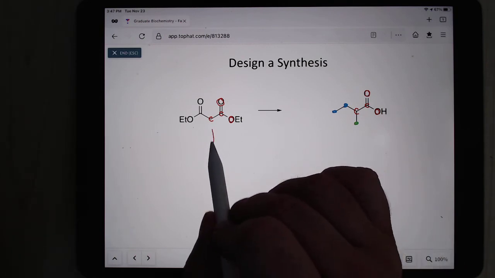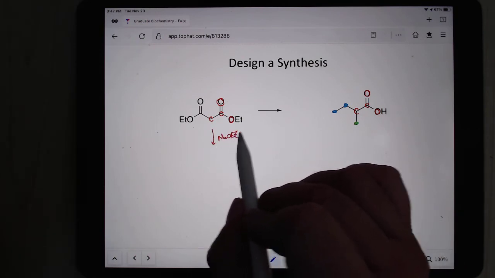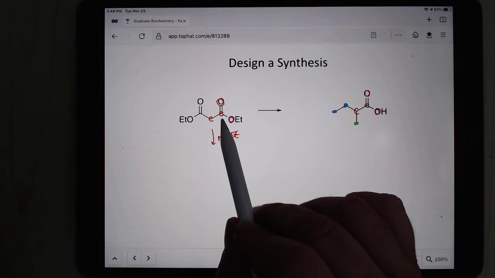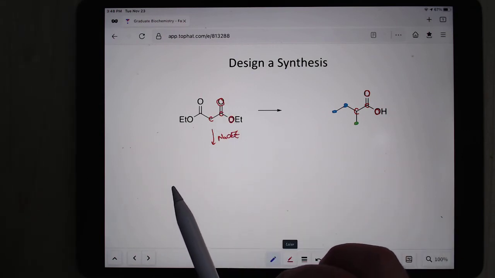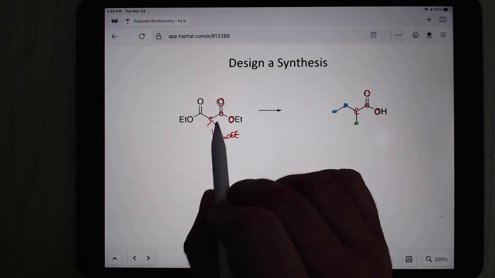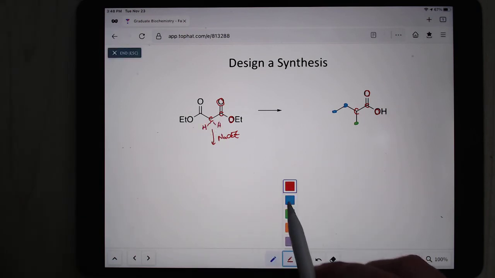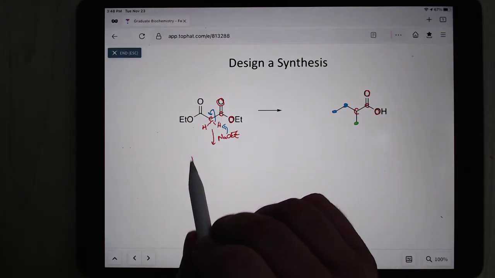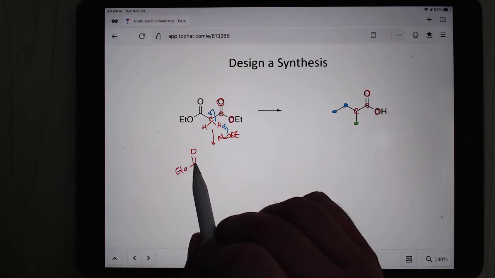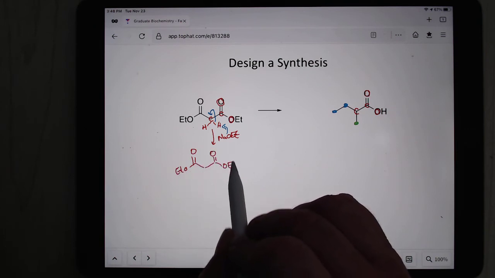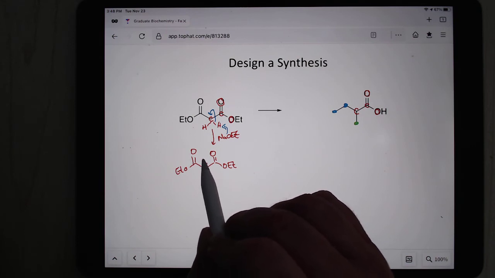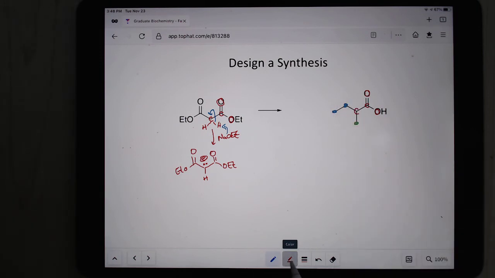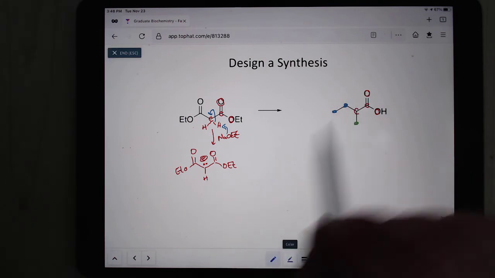We're going to react this with sodium ethoxide. We want to match this base with whatever the ester is. So if we did a nucleophilic attack, you would just make the same product. And so that's going to be removing one of these hydrogens, moving that there, and so you're going to end up with this. And then if we want to put in the ethyl group here, it wouldn't really matter which one you put in here.